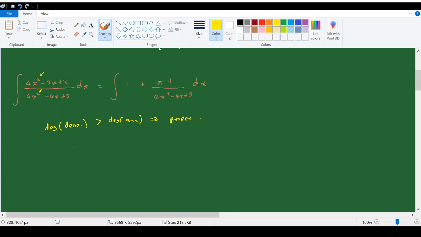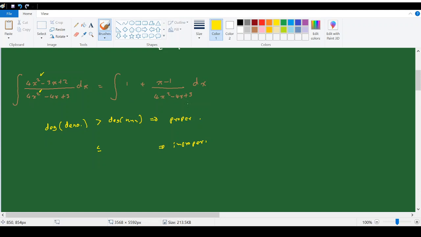But if it is not the case, that means if it is less than or equal, then we call it an improper fraction, okay? Right, so in this case also it is an improper fraction, so we can do the long division, right?